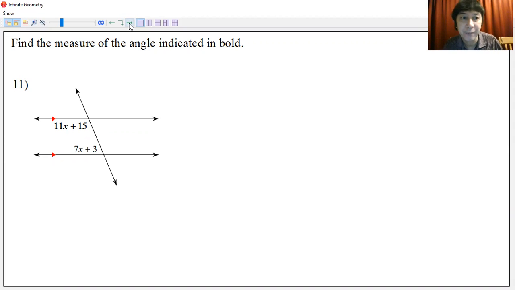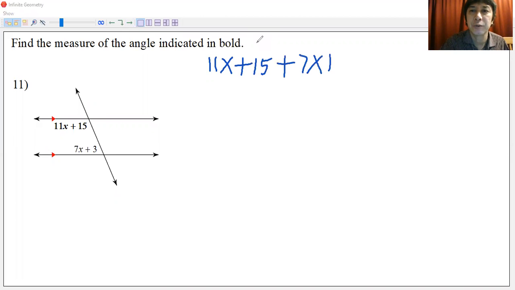lines are parallel, then these two angles must be supplementary. So meaning to say we can add 11x plus 15 to 7x plus 3, and this must be equal to 180. 11x plus 15 plus 7x plus 3 equals 180.